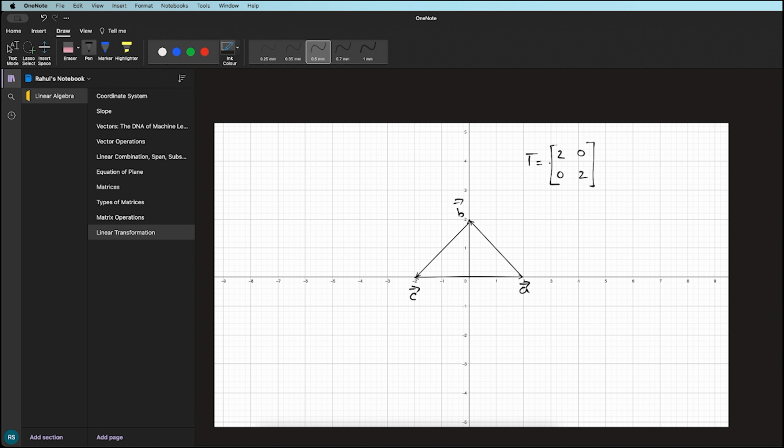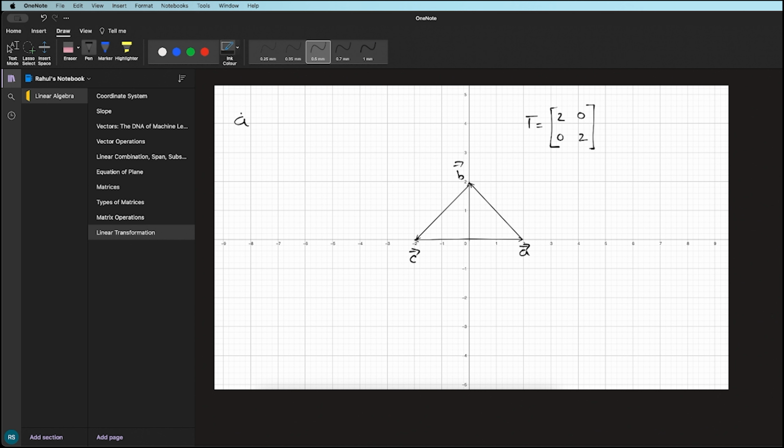So here vector A is denoted by 2, 0, then vector B is denoted by 0, 2, because the x component is 0 and y component is 2, and vector C is denoted by -2, 0.